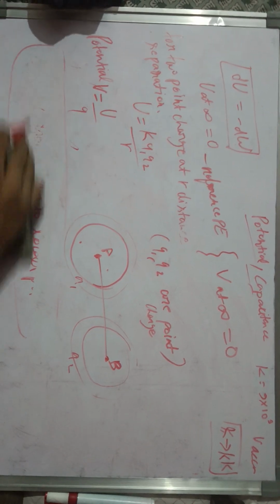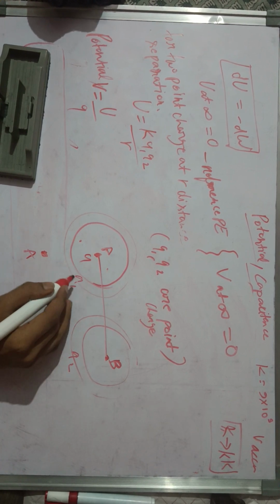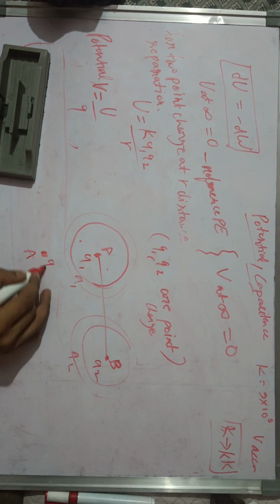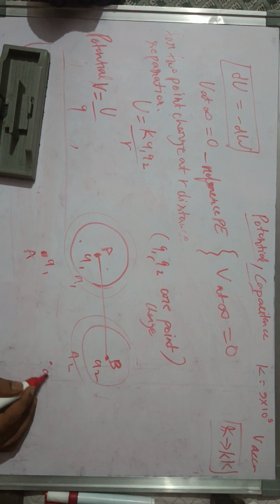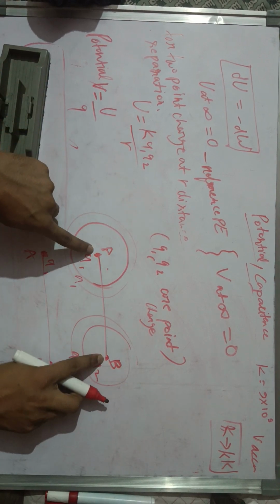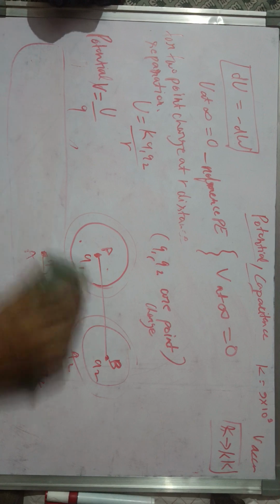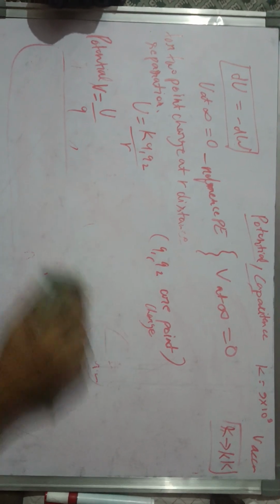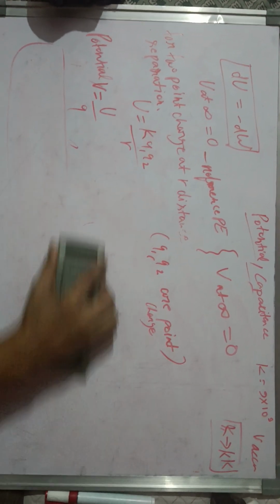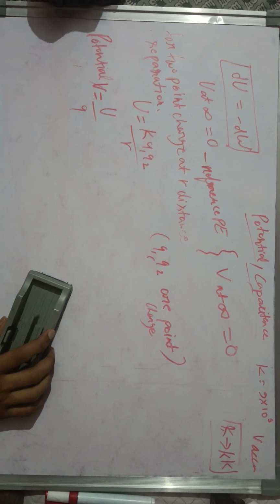So I can say that this q1 is at this point, and this q2 is at this point. So I can apply the potential energy formula by assuming these two charges at these two points. That's it. This will work for solid and hollow spheres, uniformly charged.